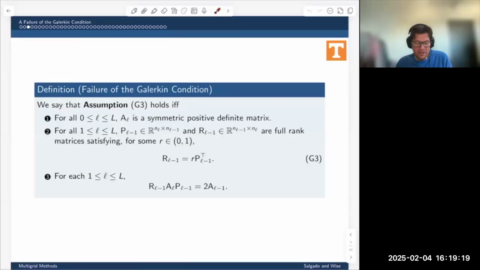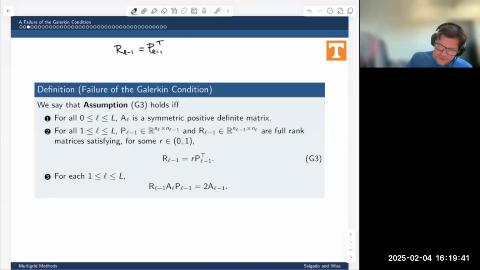So we're going to define a new condition. You might remember the old strong Galerkin condition. What did it say? First of all, the restriction matrix should be equal to the prolongation matrix transpose.